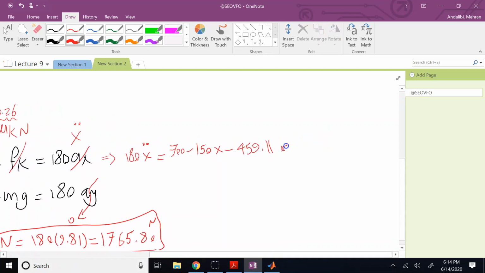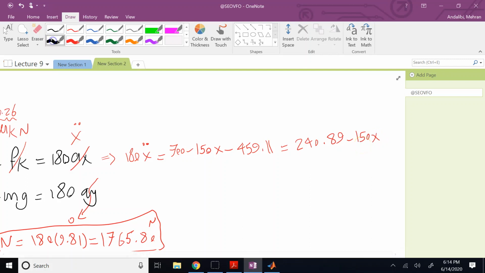And if I simplify it further, these two numbers with each other, you're going to get 240.89 minus 150x.